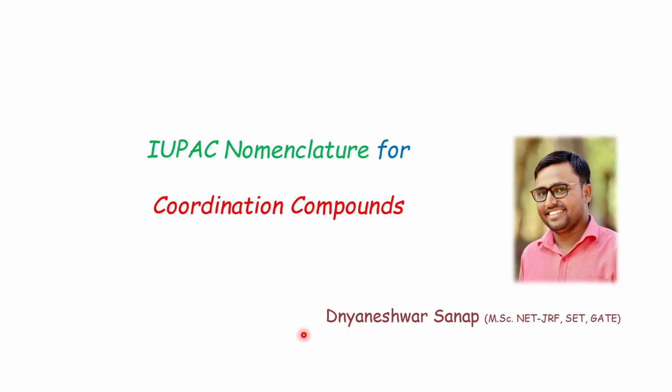To give a systematic name to each coordination compound, the International Union of Pure and Applied Chemistry, that is IUPAC, developed some rules for naming coordination compounds, and we have to learn them one by one in this video lecture.